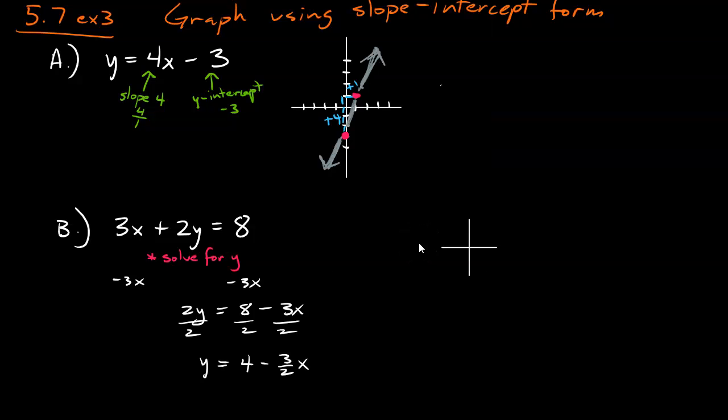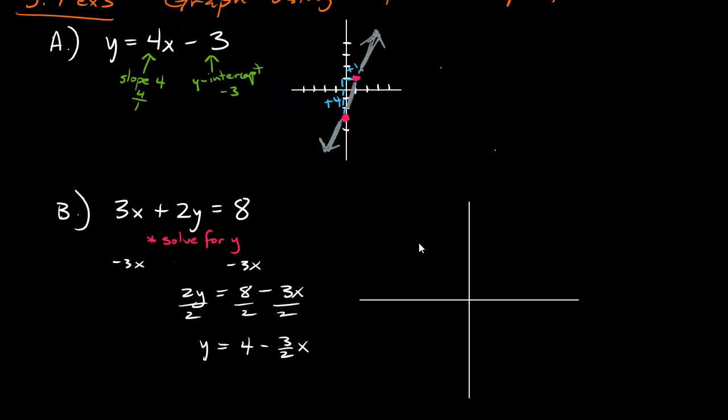I'll make my graph a little bit bigger, make it easier to see. So 4 minus 3/2 x.